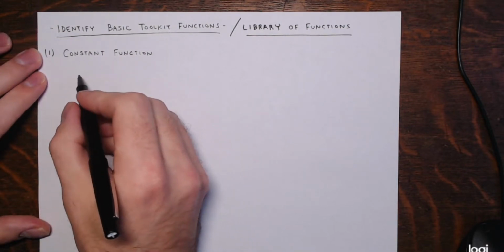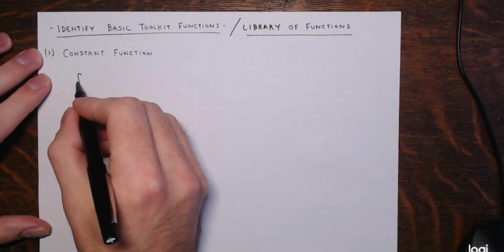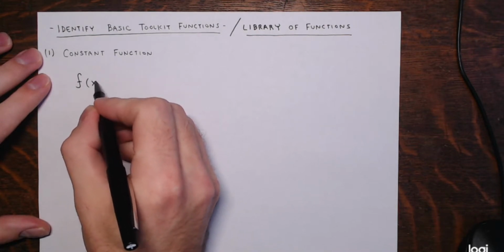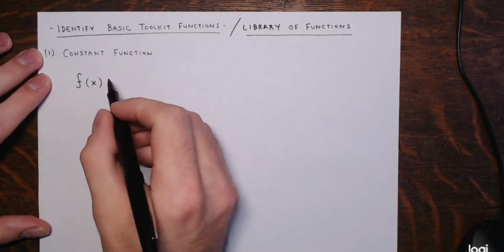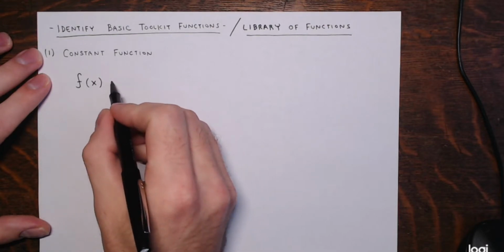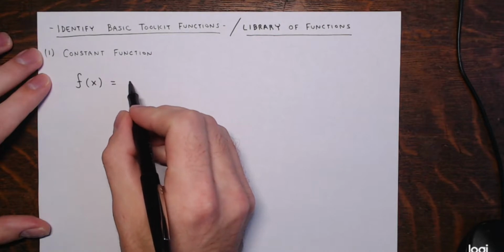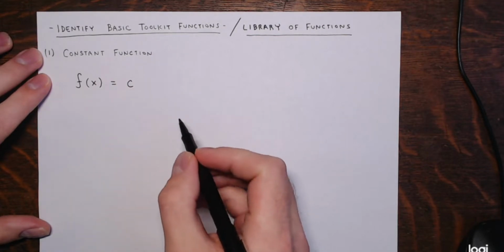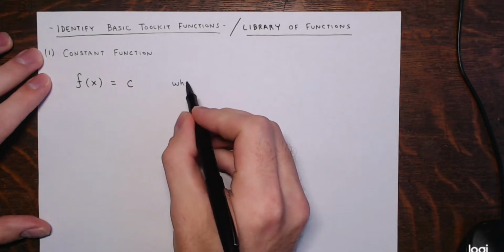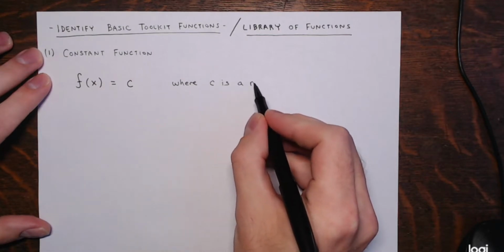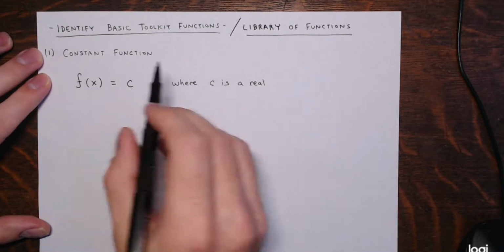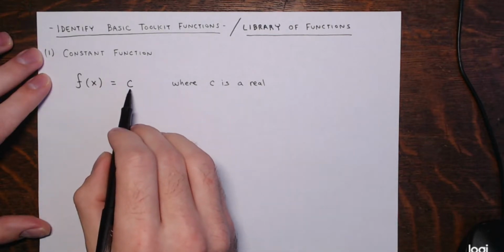The general version of this is f of x, or y, or g of x, or whatever you want to call it in function notation, equals c, where c is a real number, and it is a constant. It is not a variable.